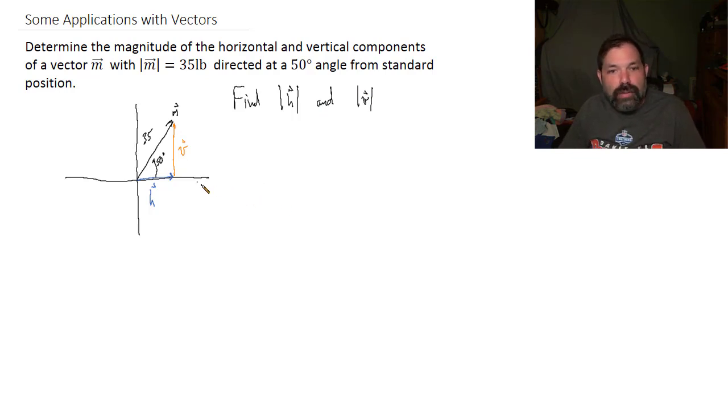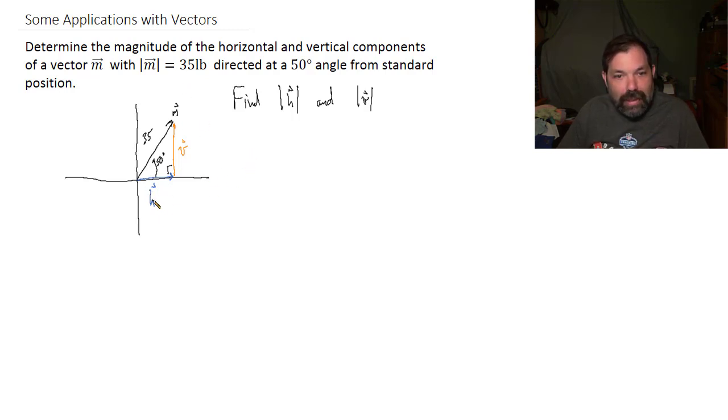Well, if we look at this, horizontal and vertical are at right angles. I've built a right triangle here, haven't I? So I've got a right triangle, and so I can use some right triangle trigonometry. Let's find the magnitude of the h vector first.